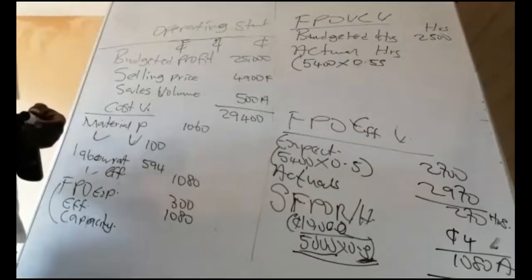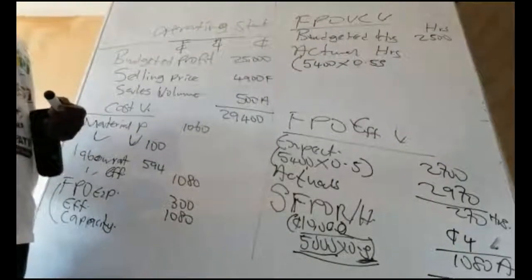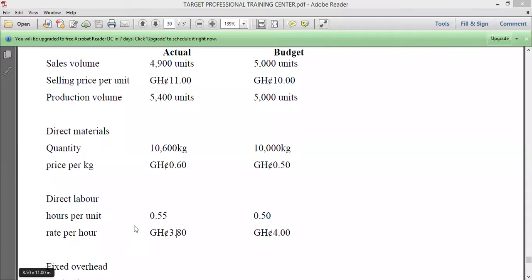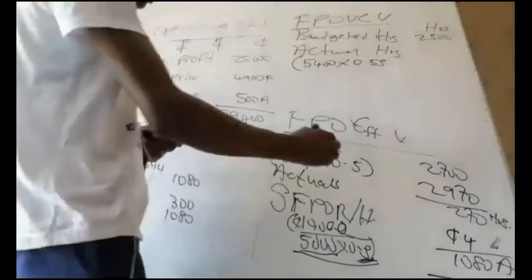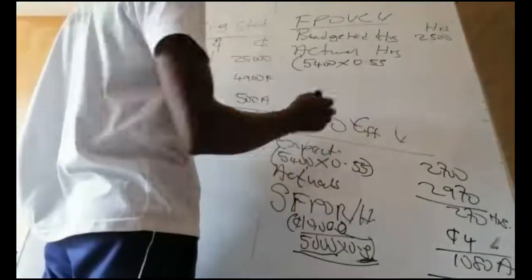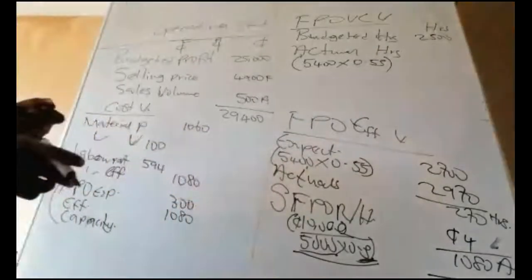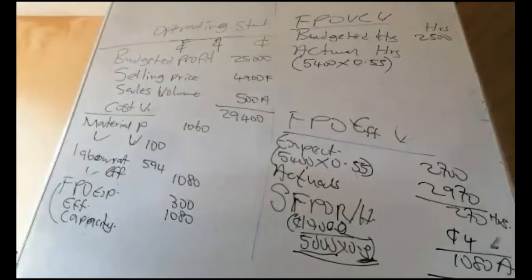Good, 2970. And then it means that the actual hours required, 0.55. Here there must be 0.5 again. So that's the actual.